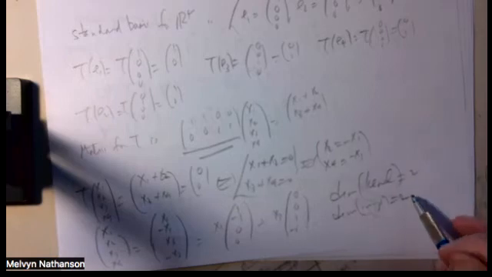So the dimension of the kernel is 2. And the dimension of the image is 2 because 2 plus 2 is 4.